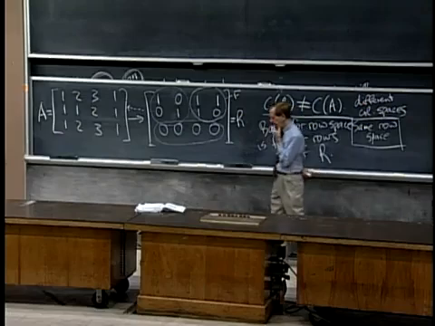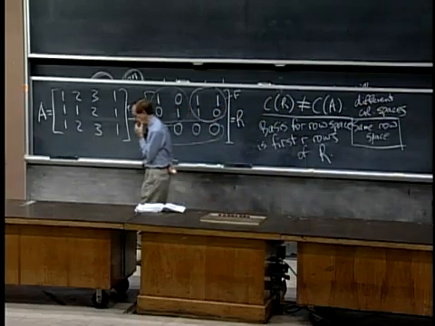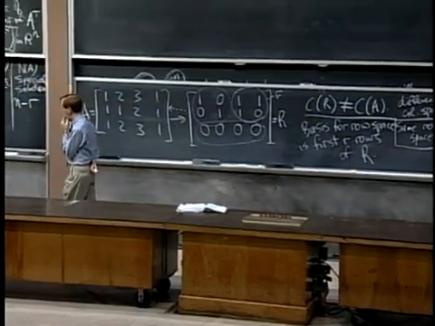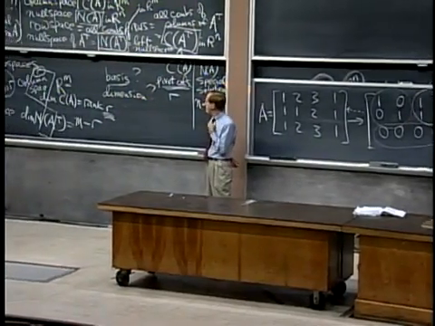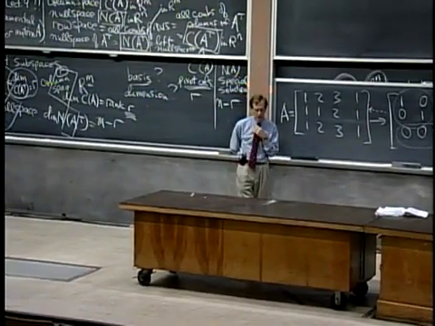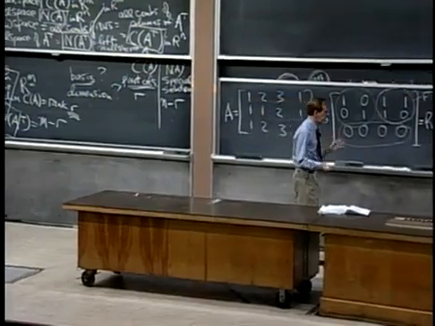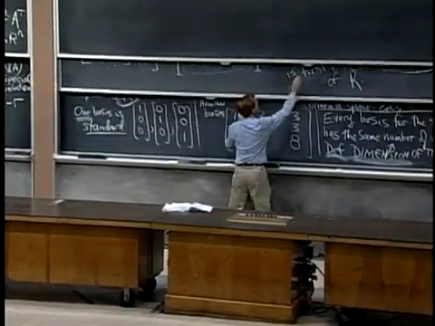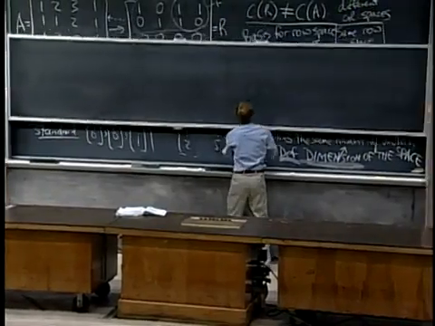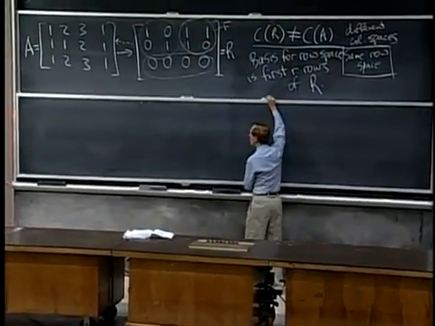Okay. Now, what about the fourth guy, the null space of A transpose? First of all, why do I call that the left null space? So let me save that and bring that down. Okay.